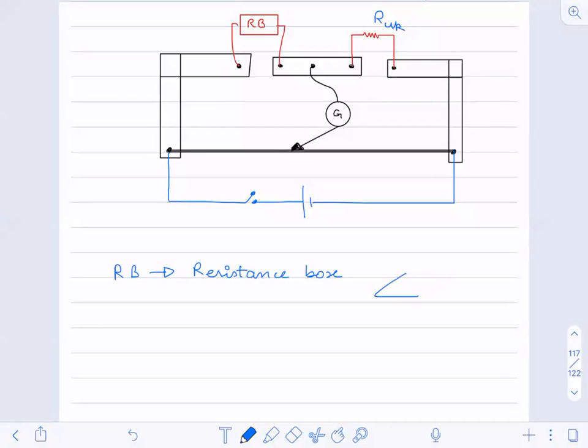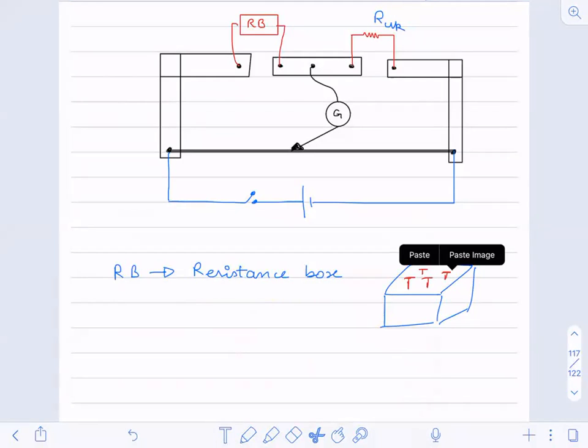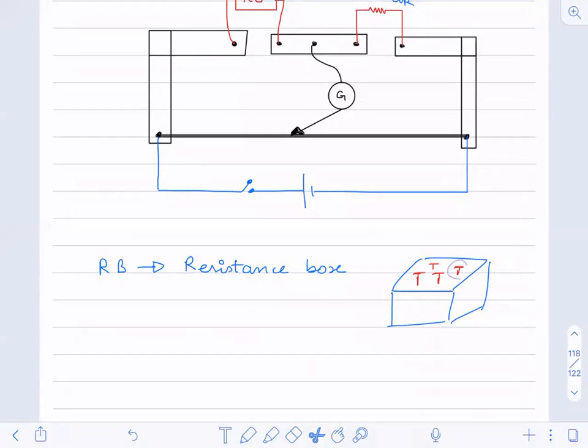When you do the practical, you will have a box like this, and it will have so many plugs or keys.